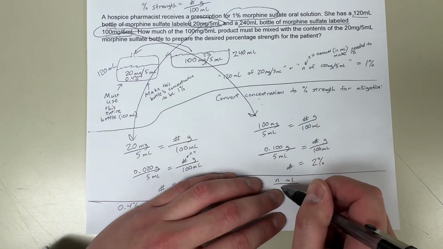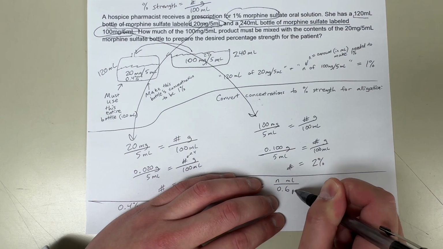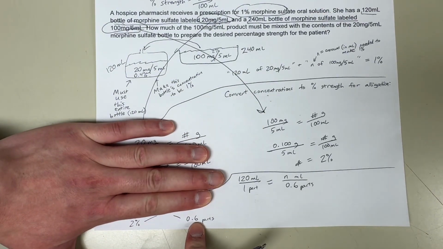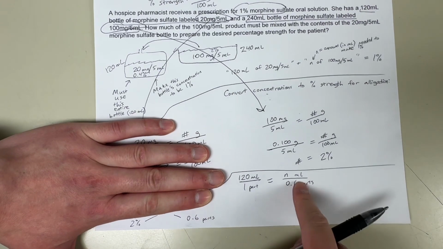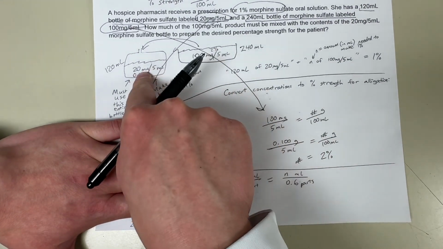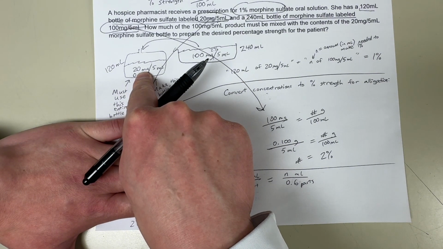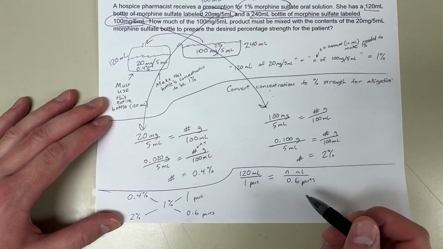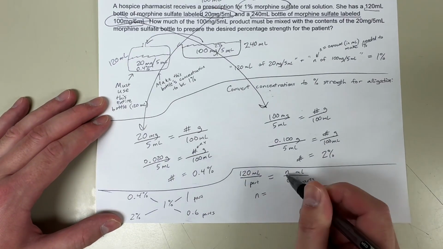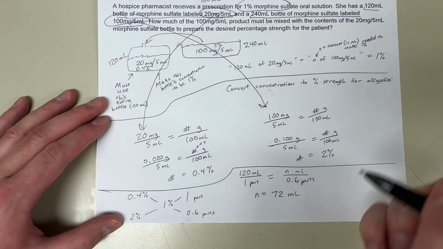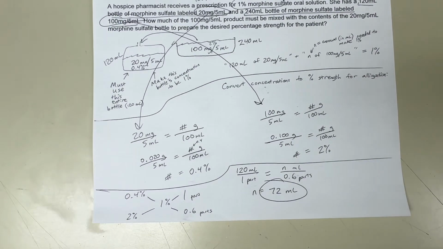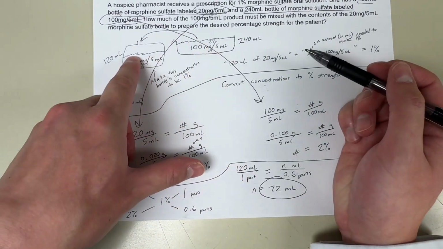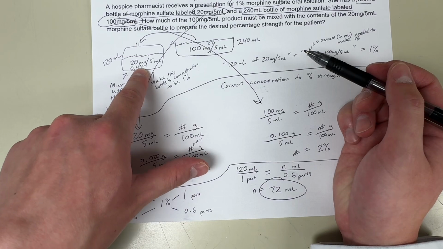That's why I'm going to put N here over 0.6 parts, because I just calculated that the amount of 2% I need is 0.6 parts, but I don't know the volume because I'm going to be adding this volume to this 0.4% bottle here. So you can just solve this by cross multiplying, and your variable N should be equal to 72 milliliters, and that's your final answer. 72 milliliters of this 2% is what you're going to be putting in here to make this entire bottle 1%.